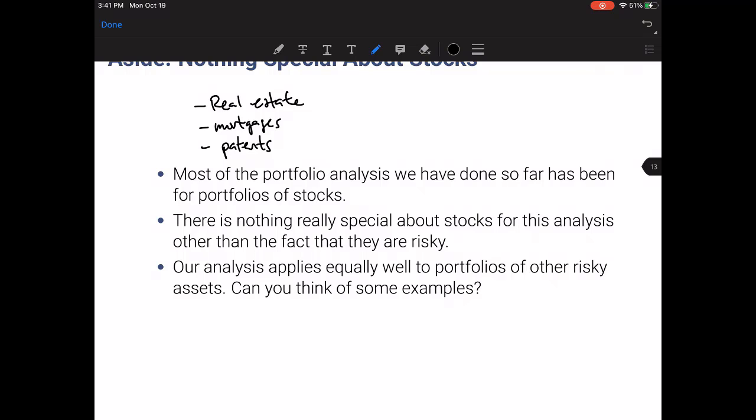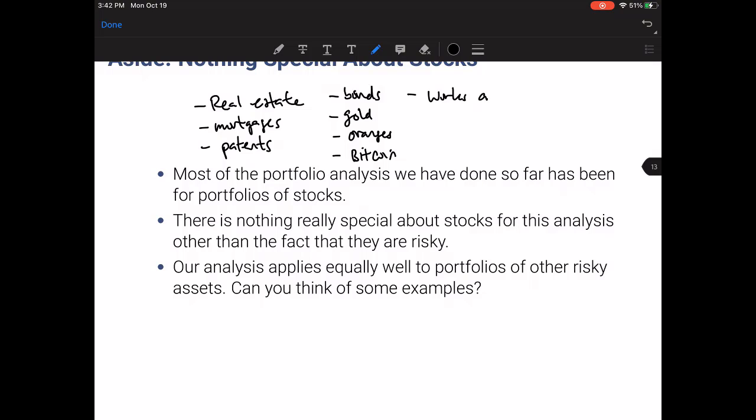You can have bonds. We didn't include this because in this course we're assuming that bonds are risk-free. You can have other commodities such as gold and orange futures. Orange futures are actually derivatives, but derivatives also have a risk and return component which can be estimated and therefore included in our portfolio. And just to be a little bit silly and facetious, you can include Bitcoin or even works of art, right?